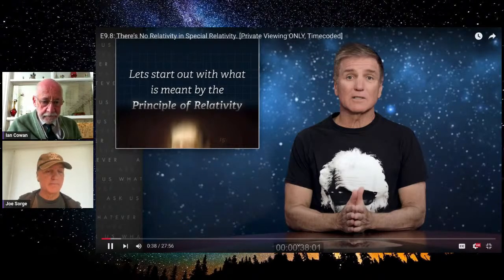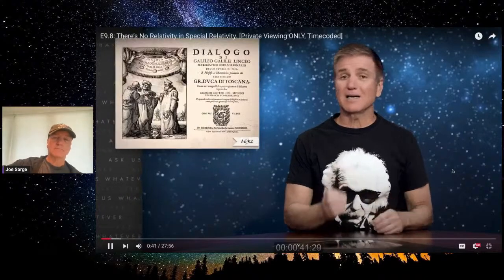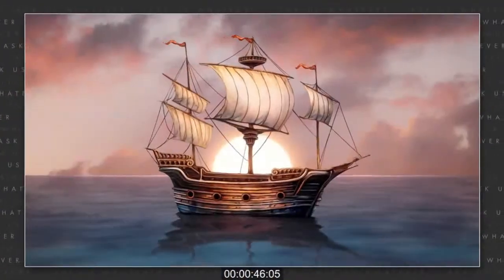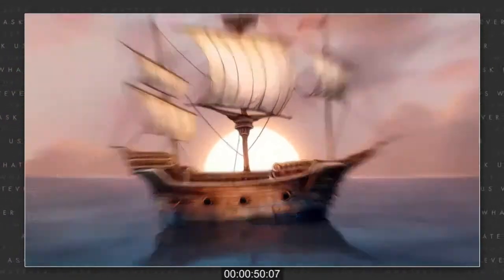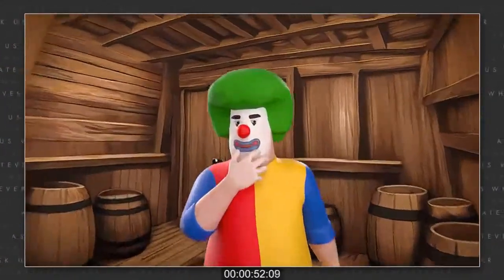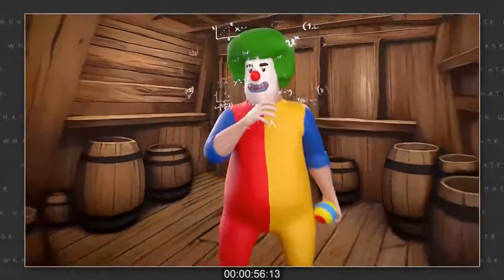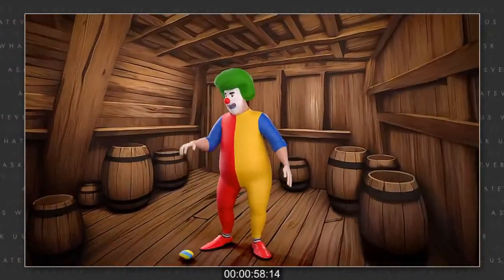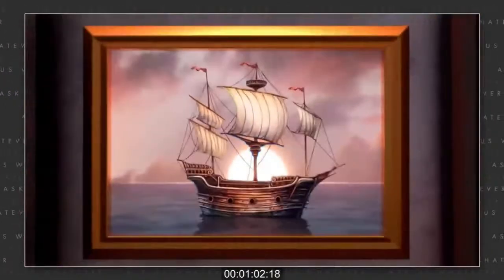Here we go. Galileo Galilei, in 1632, in his Dialogue Concerning the Two Chief World Systems, used an example of a ship floating on a smooth sea at constant velocity. He stated that an observer below deck would not be able to discern if the ship was moving. In other words, the laws that govern the motion of objects would operate the same regardless of the speed of the ship.